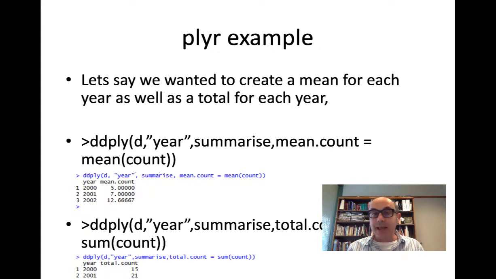So let's take an example. Using ddply, the functions, and D here, summarize, mean dot count equals the mean and the count itself, and in this case it will count everything I do, and it will give you an example.